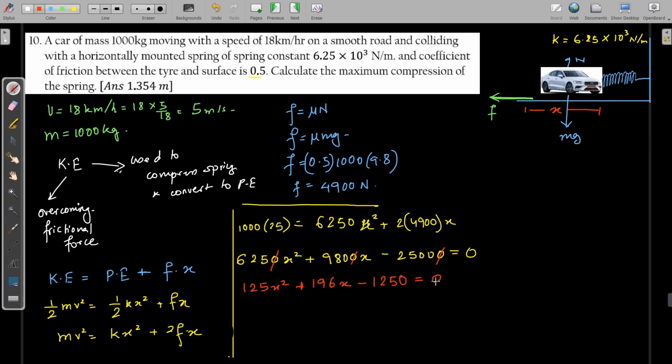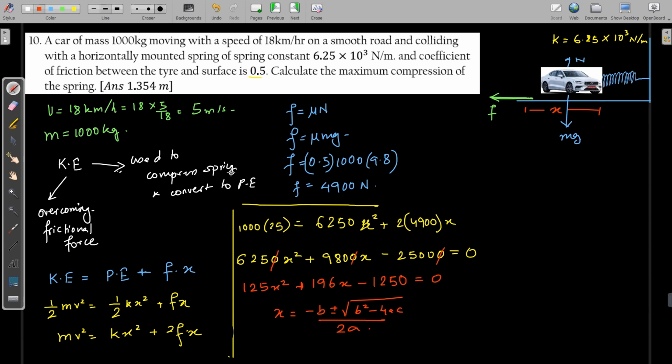If I use it, we get x equal to minus b plus minus root over b square minus 4ac, by twice a.